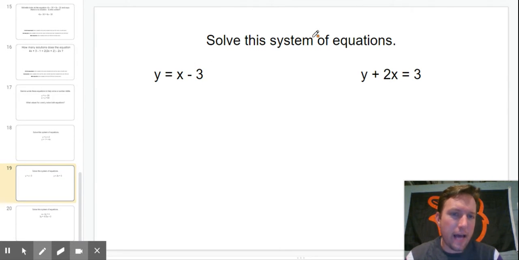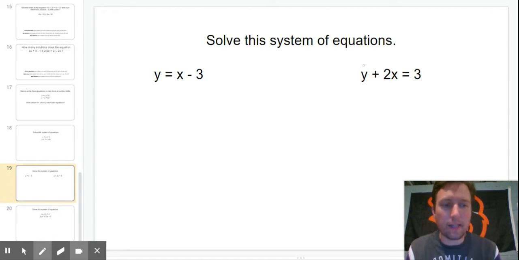We can take that and plug it into the other equation for y, because that eliminates two different variables and leaves me with just one variable, x. I can solve for x using the skills we already have, and then go back and solve for y. Let's see how we do that.